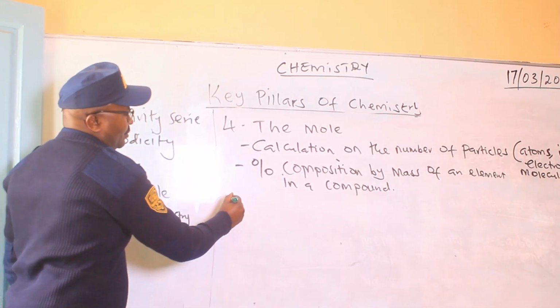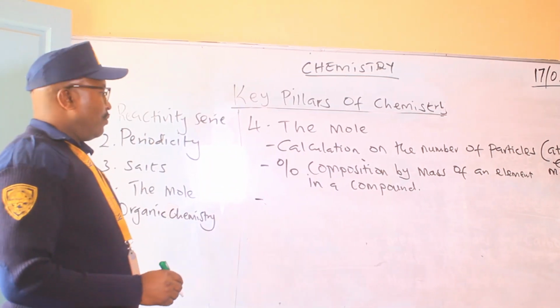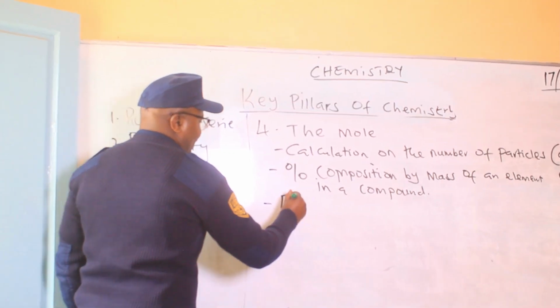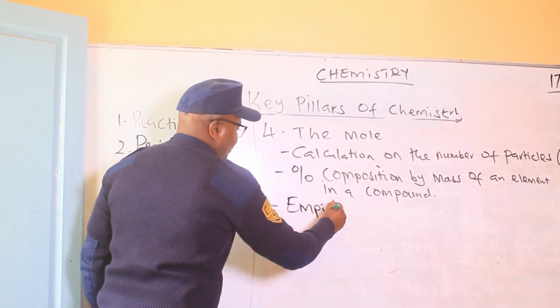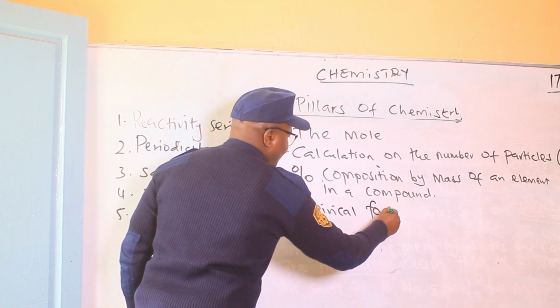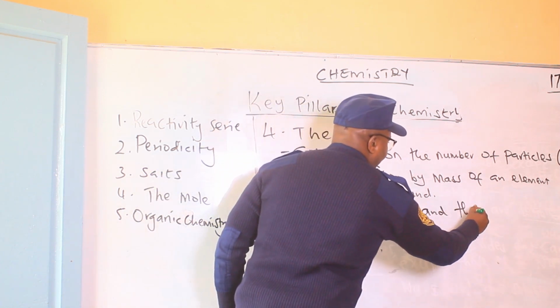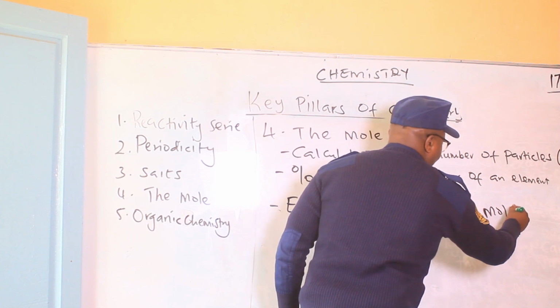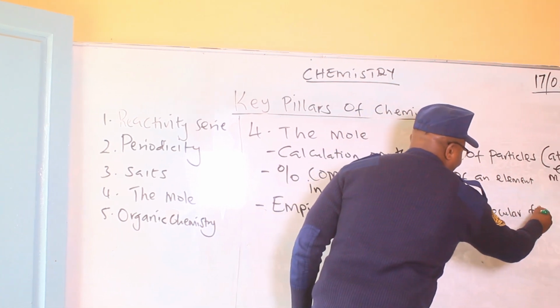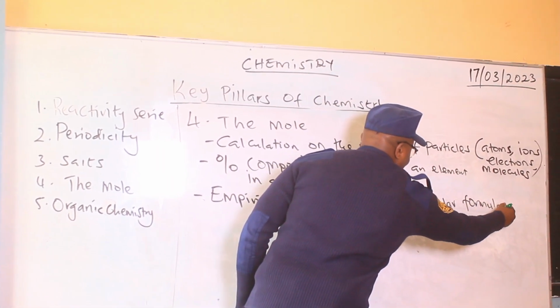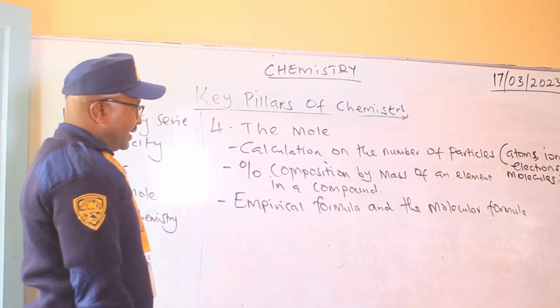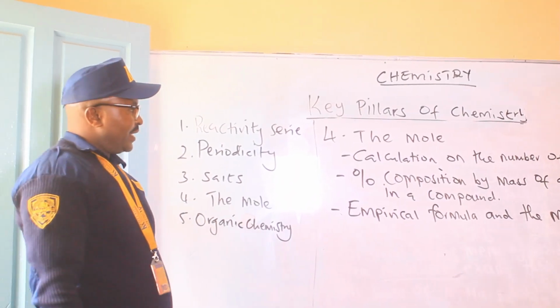Then also, you must be able to calculate the empirical formula and the molecular formula, which is very simple. I always say chemistry is very simple.